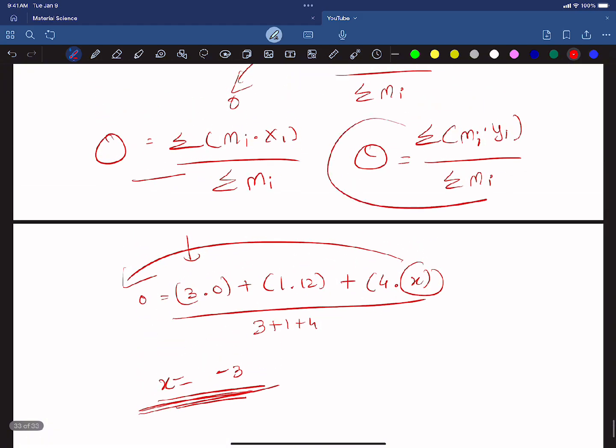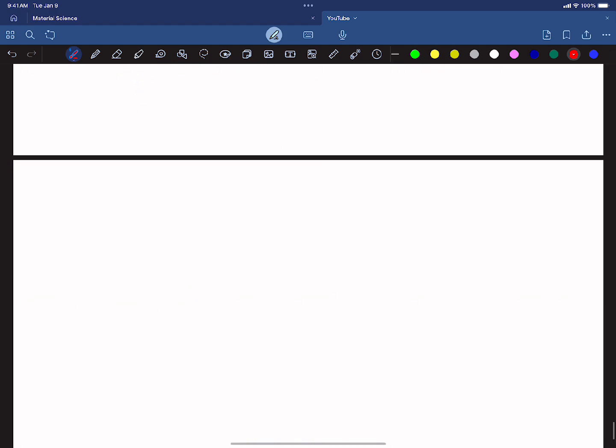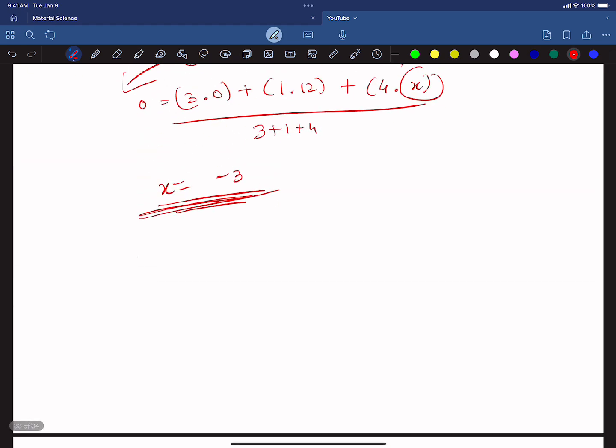So now you'll know the x point on the graph. Similarly, you have to use this equation and find the point of the center of mass on the y-axis.